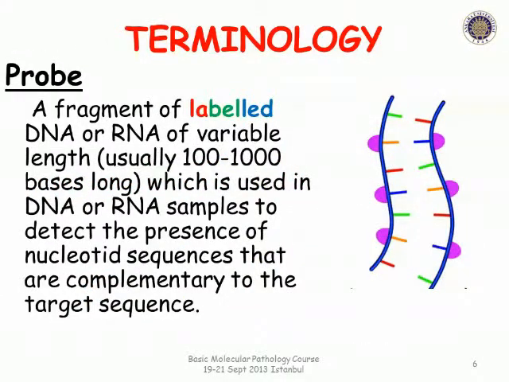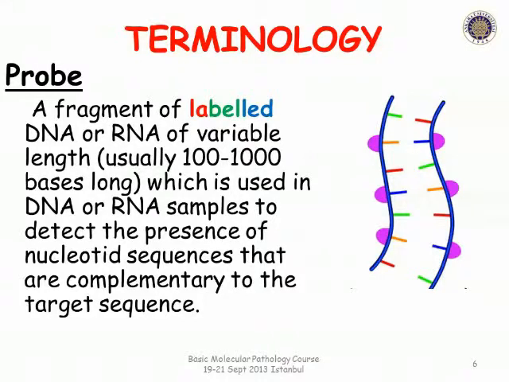And the probe is the key component of hybridization. This is a fragment of labeled DNA or RNA chain, and it has different lengths. The length of the probes is usually longer than the length of the primers used in PCR. So you need to have longer bases or molecules, and I will go through the importance of these lengths further in my talk.